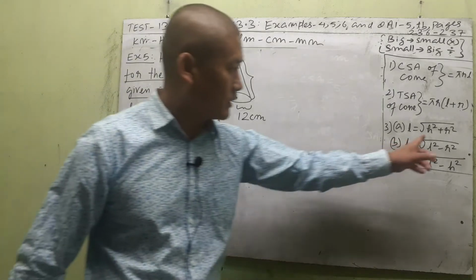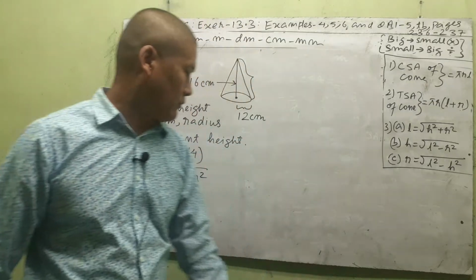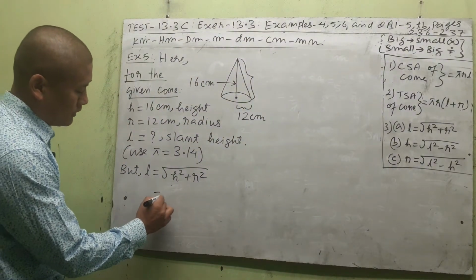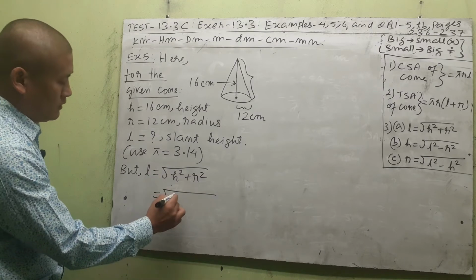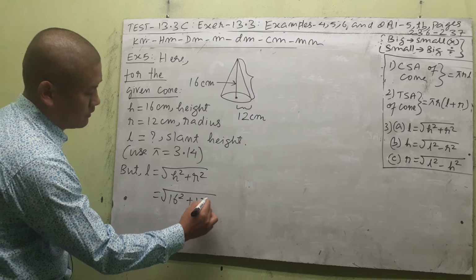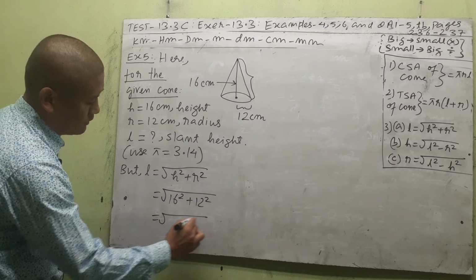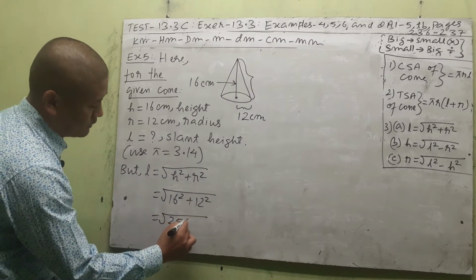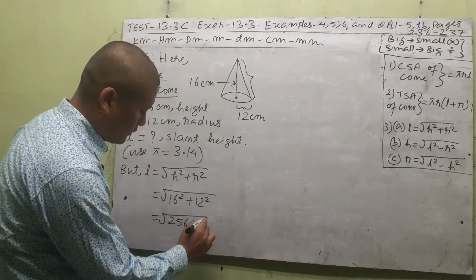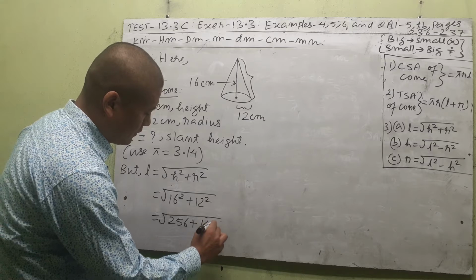So we can use this here, because h and r are given to us, so we can take advantage of that. So h is here 16 squared plus r is 12 squared, so root over 16 into 16 is 256, okay, and 12 squared, 12 into 12 is 144.